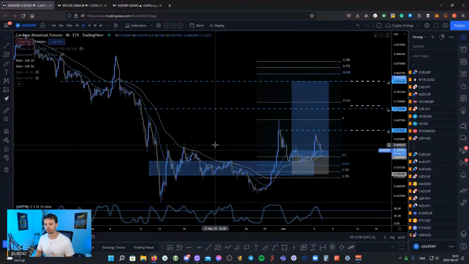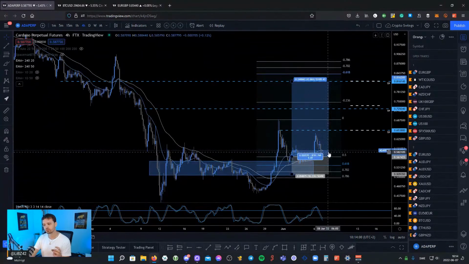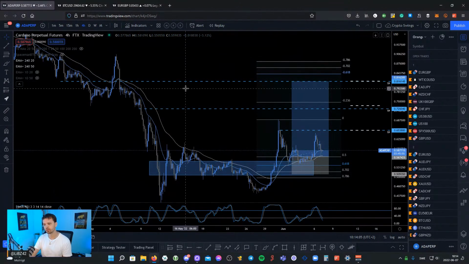Because the danger with swing trading is that the longer you stay in the trade, the higher the chances are that something is going to go wrong. So if you were trading Cardano here based on the fundamentals, I would look for a potential scalp.